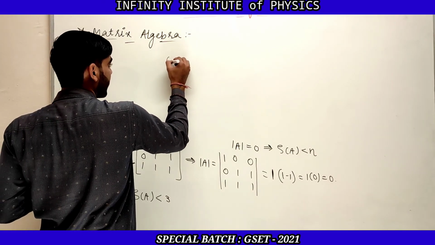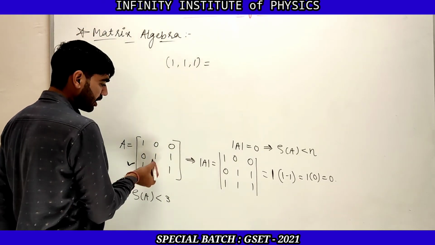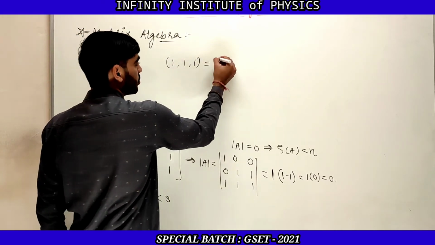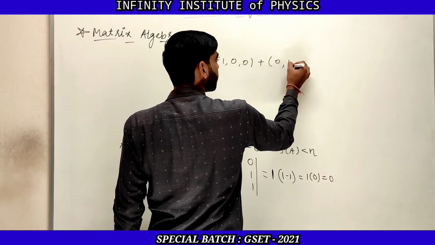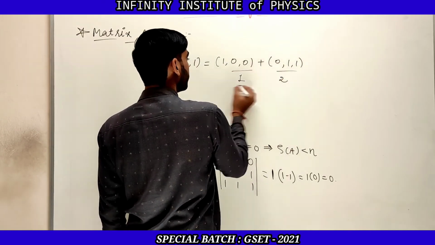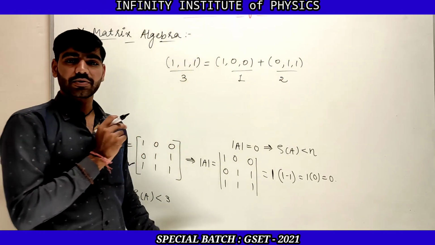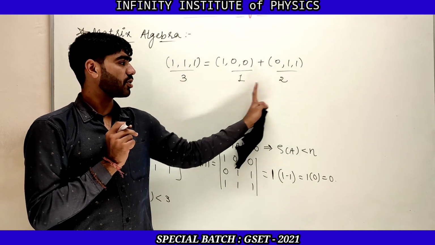So if I write the last row, it can be written as the summation of these two, 1 0 0 plus 0 1 1. This is the first row, this is the second row, and this is the third row. So the third row can be written as a linear combination of the first two.